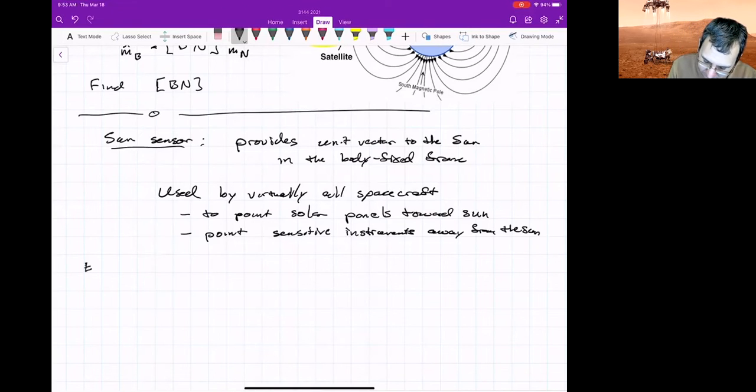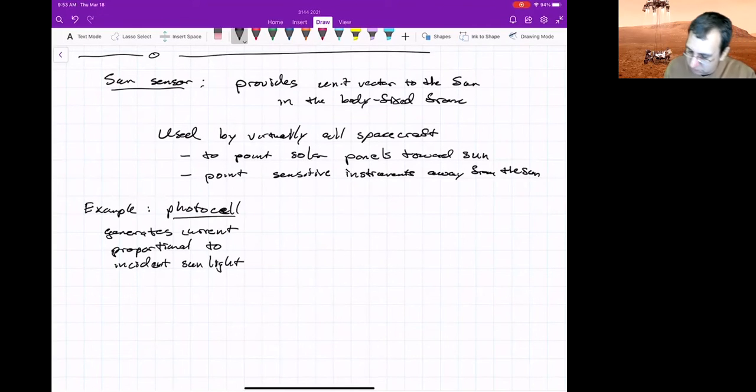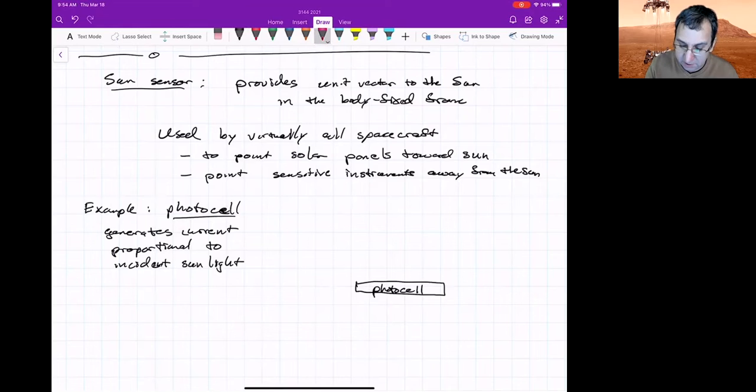So here's an example, the photocell. It generates a current proportional to the amount of incident light. So just to give you a schematic, here is the photocell. This is in a known orientation on our spacecraft.